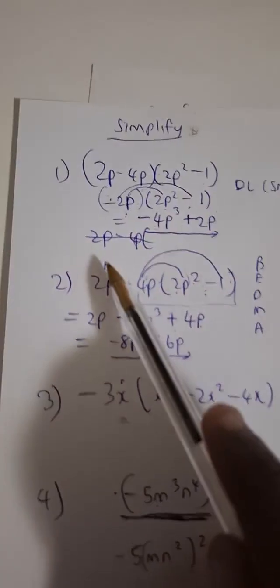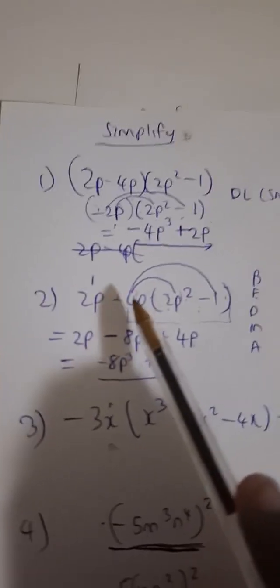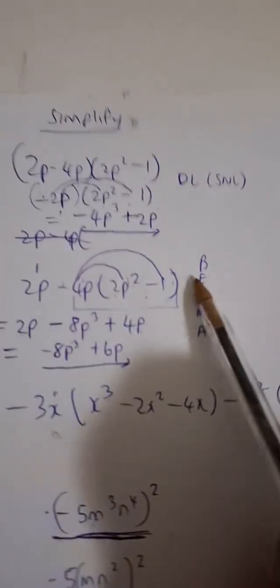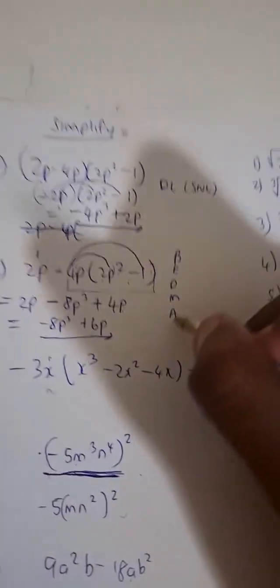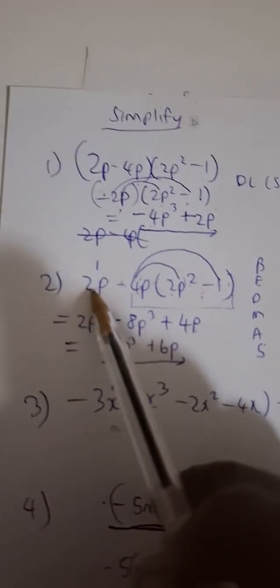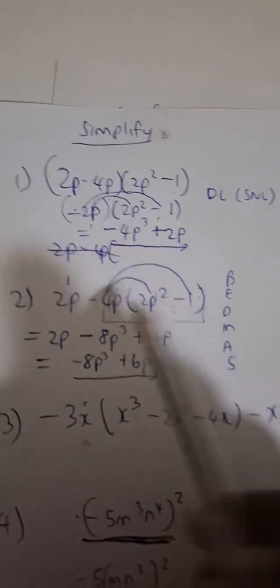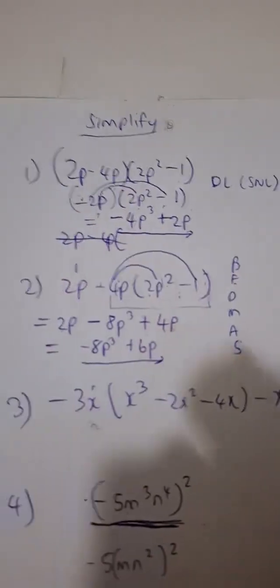Guys, you can't say 2p minus 4p. You can't do that because BEDMAS says no. BEDMAS says no. You can't subtract 2p and minus 4p because this negative 4p is multiplied to this binomial.